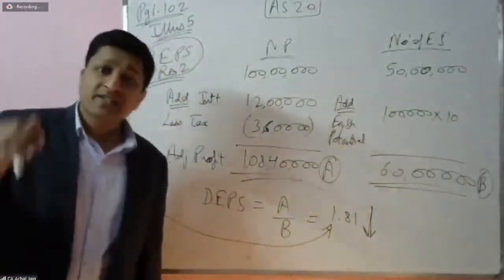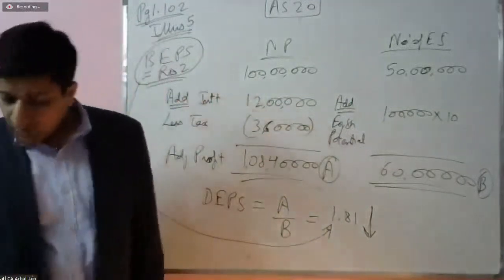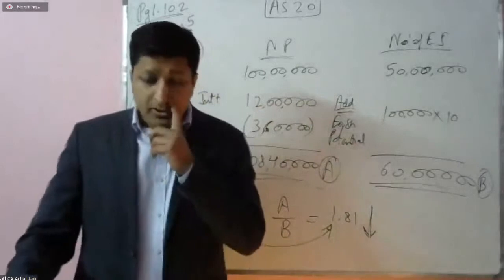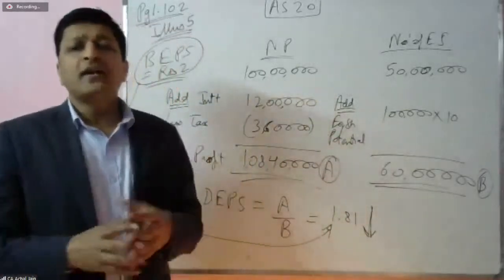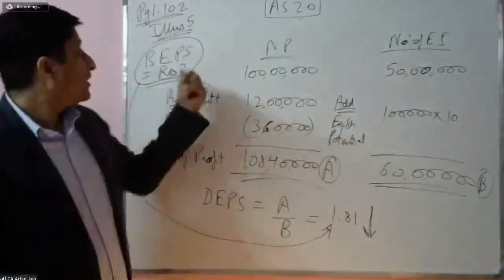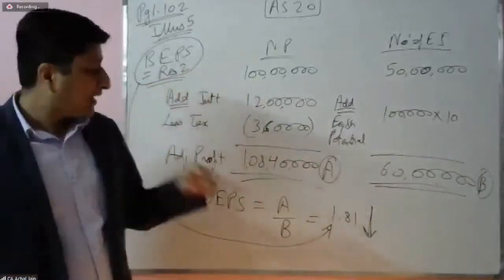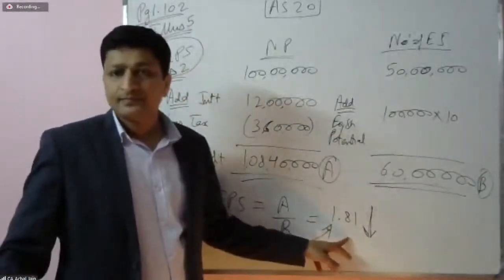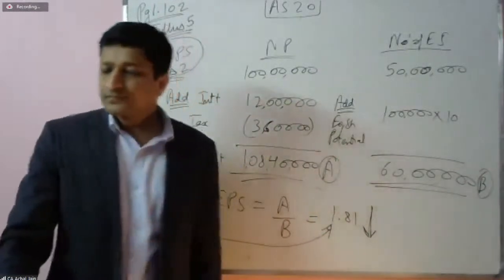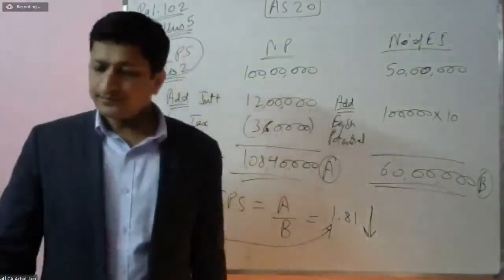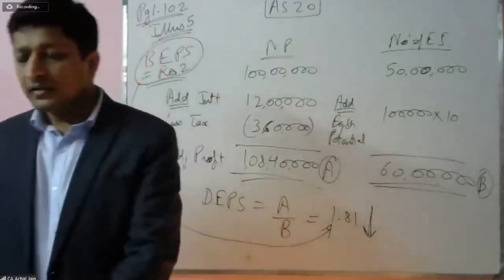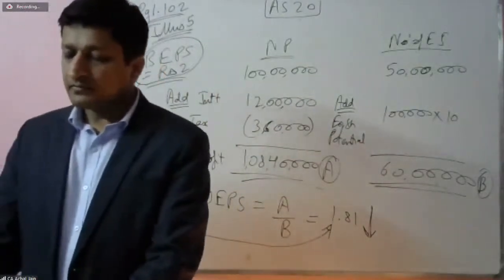That the EPS has got diluted. What does dilution mean? Dilution means going down as compared to the basic EPS. So that's why our DPS will be 1.81. Clear? Clear on this? Our EPS therefore will be 1.81.